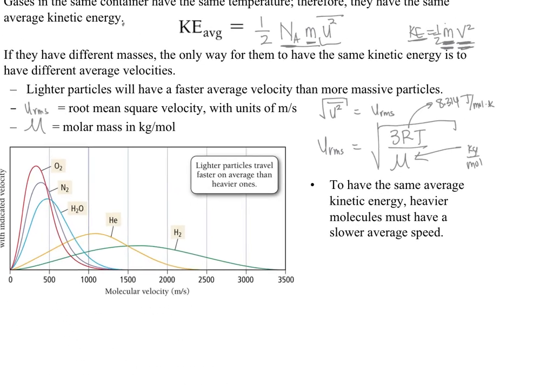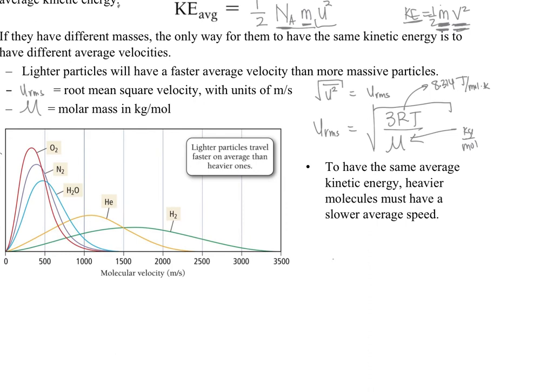Just as an FYI, that's the same R as we used for the ideal gas law, but remember that one is in liter atmospheres. That's kind of like work. Remember, work equals negative pressure times change in volume.